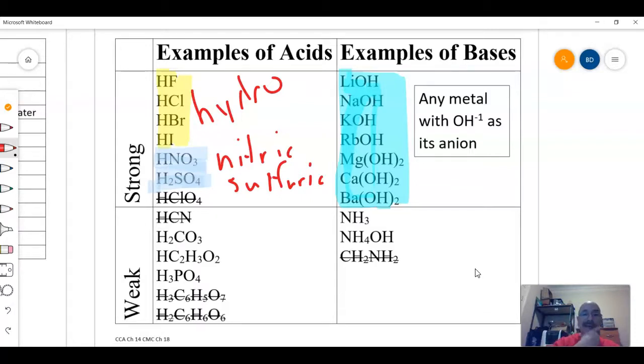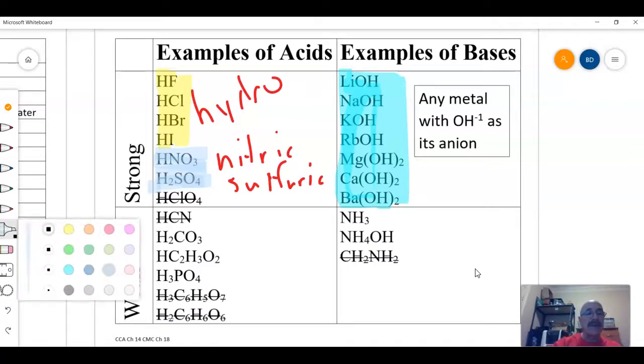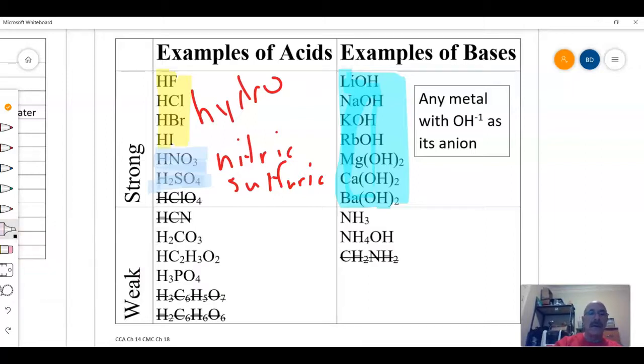Okay, in the weak acids, you got 3 of them. And the easiest way to recognize them and name them is based on their polyatomic ions. Okay, so carbonate turns into carbonic acid.